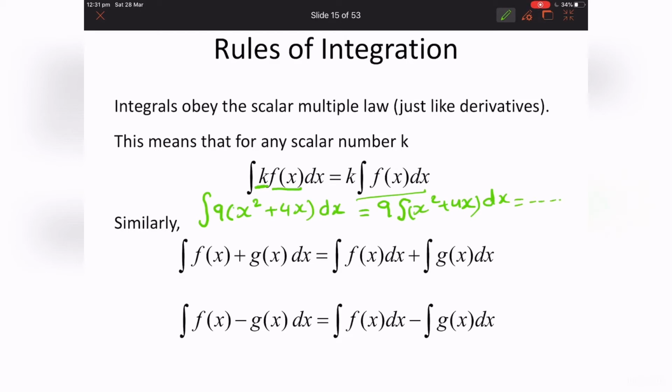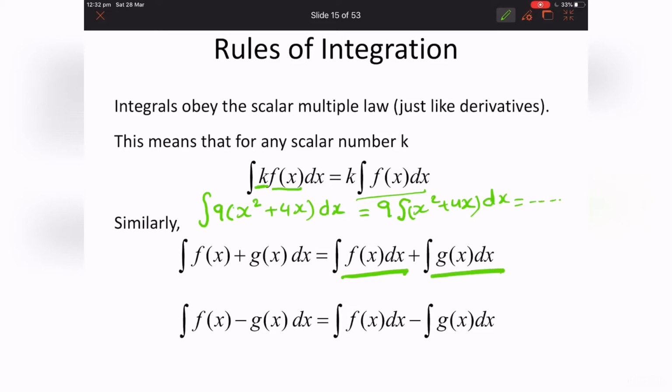Same thing, the integral of two functions added together, f of x plus g of x dx, can be separated into two separate integrals. As you can see here, this is the integral of f of x plus the integral of g of x.